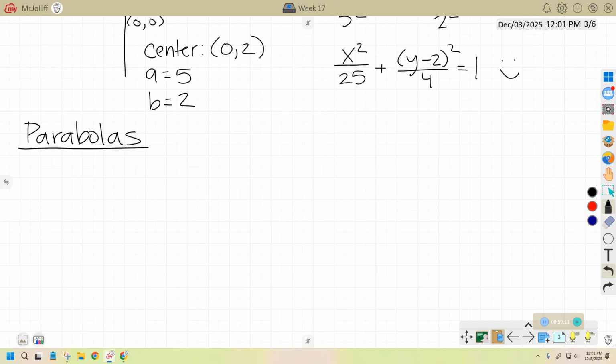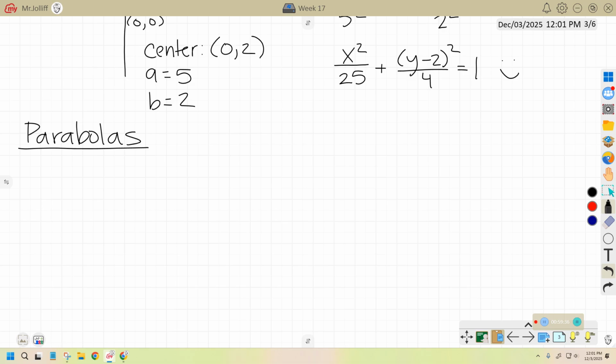So parabolas come in 2 different shapes, just like ellipses do. I can have happy faces and frowny faces, vertical parabolas, which are proper functions, or I can have sideways parabolas, either opening to the left or opening to the right. Those are not functions because they don't pass the vertical line test.